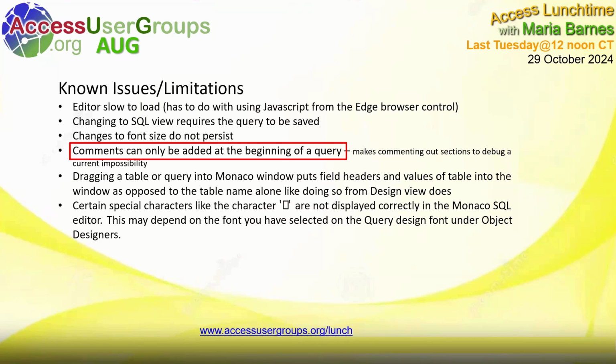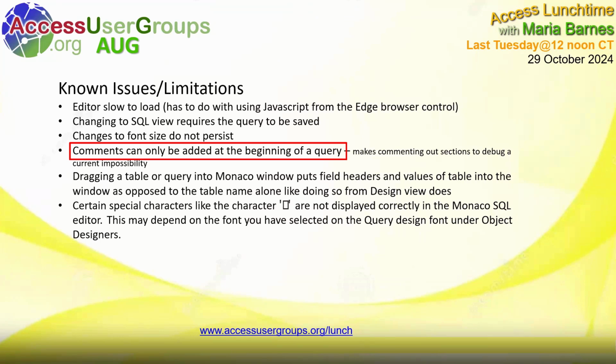The only thing I can think of that the Access team is going to have to do in order to allow comments in the middle, to allow formatting changes to be saved, is to somehow save the query as a rich text or something like that. But then that does add a whole bit of complexity.